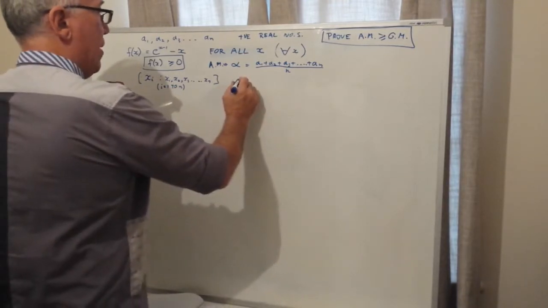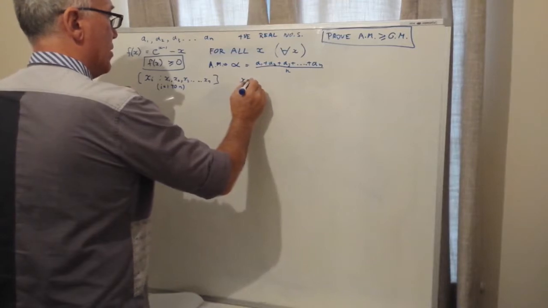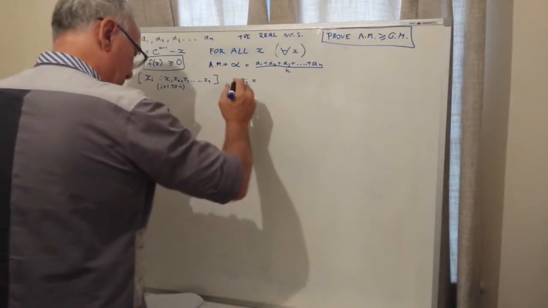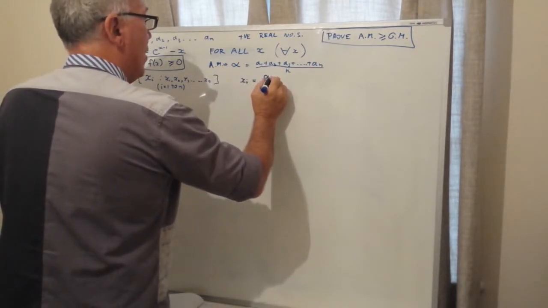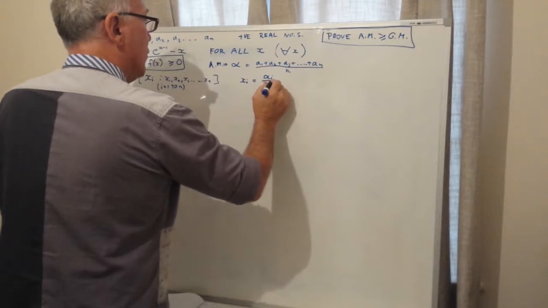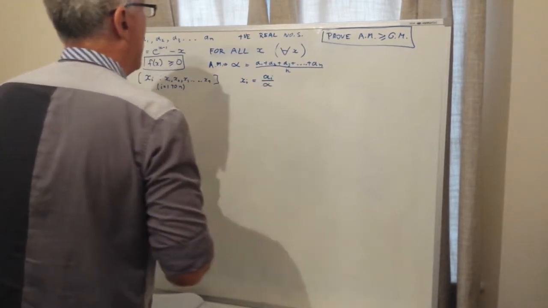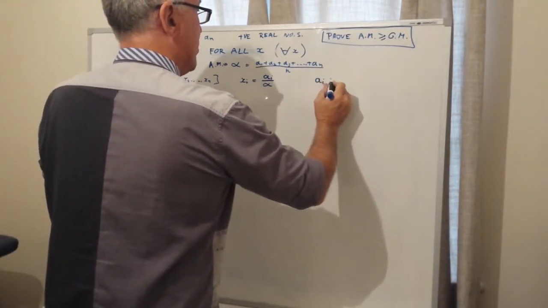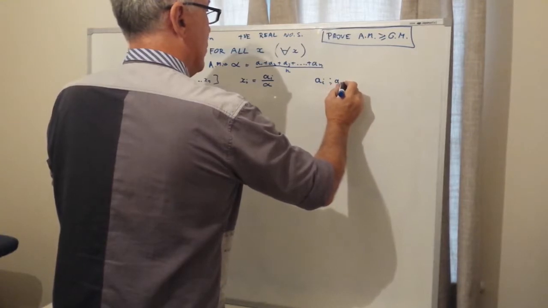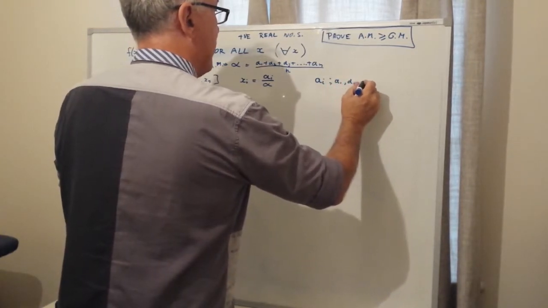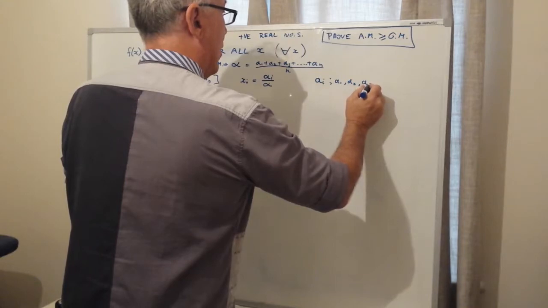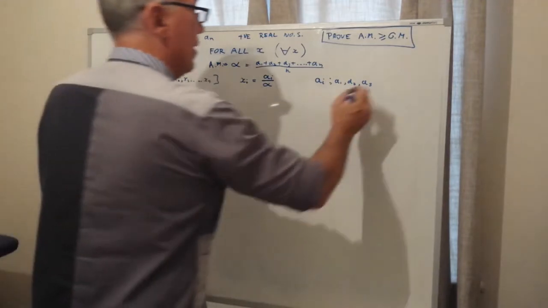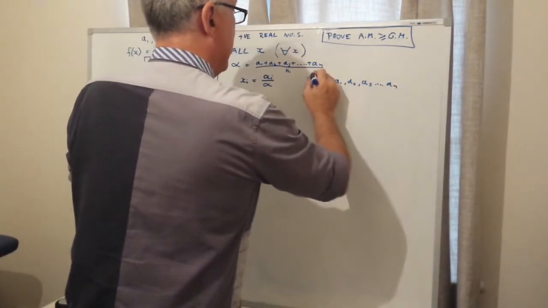And this particular term, xi, is going to equal ai divided by alpha, where ai is just all the terms that we're going to use for the arithmetic mean, all the way to an.